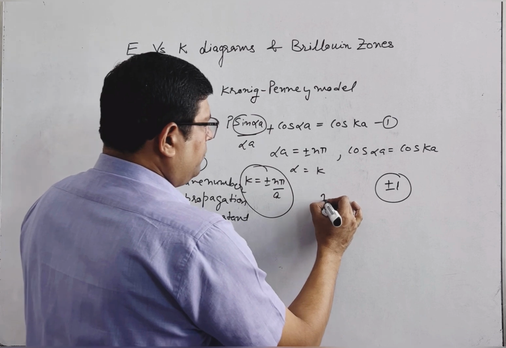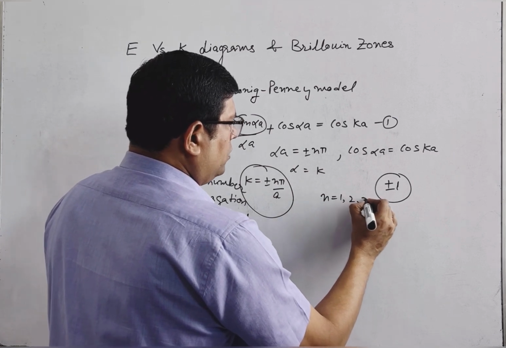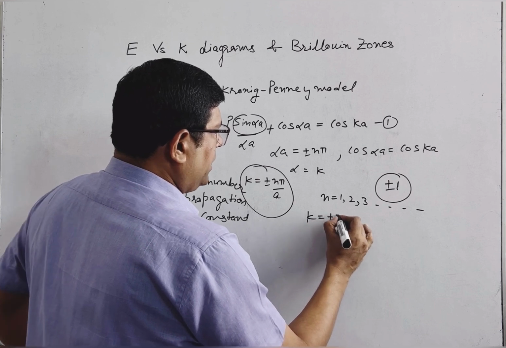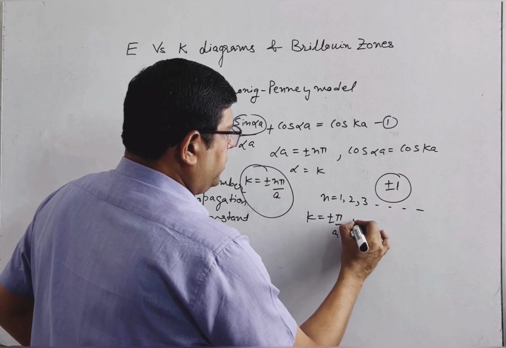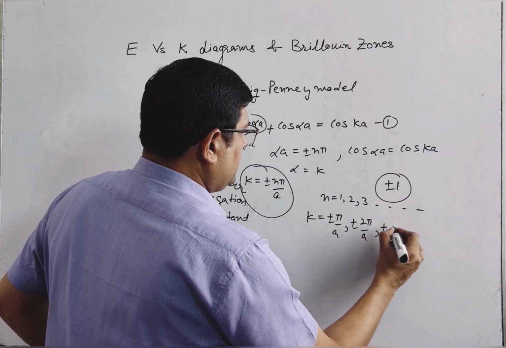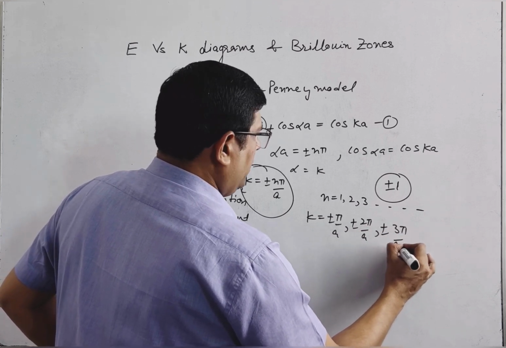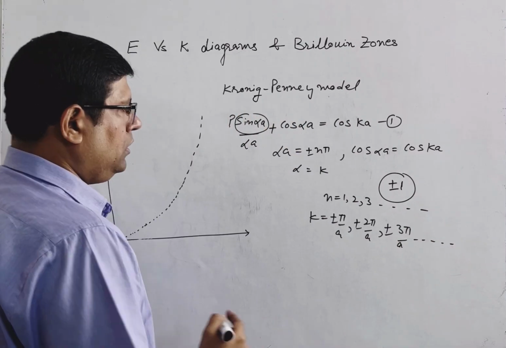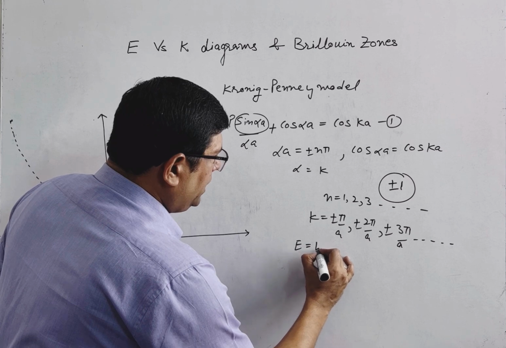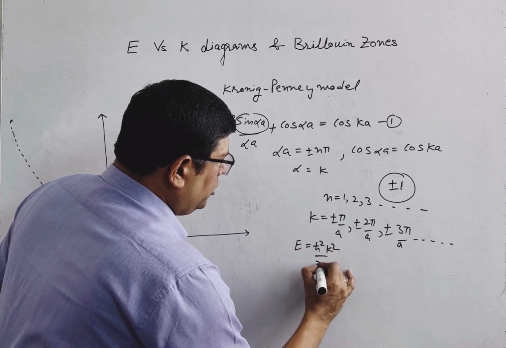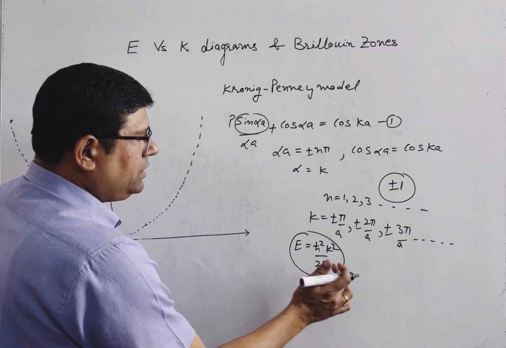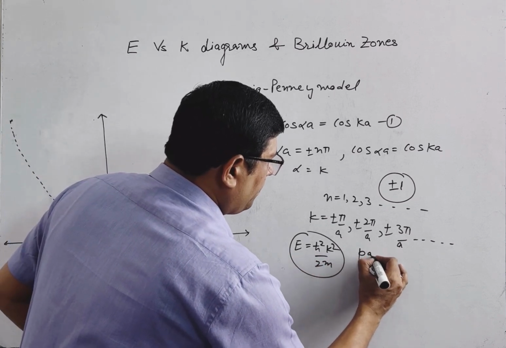If n = 1, 2, 3 and so on, then K will be ±π/a, ±2π/a, ±3π/a, and so on. We know for a free particle, energy values are E = ħ²K²/2m. If we plot E versus K, this will give a parabola.